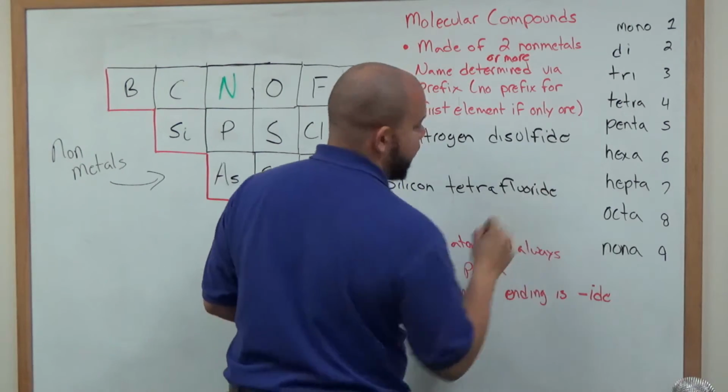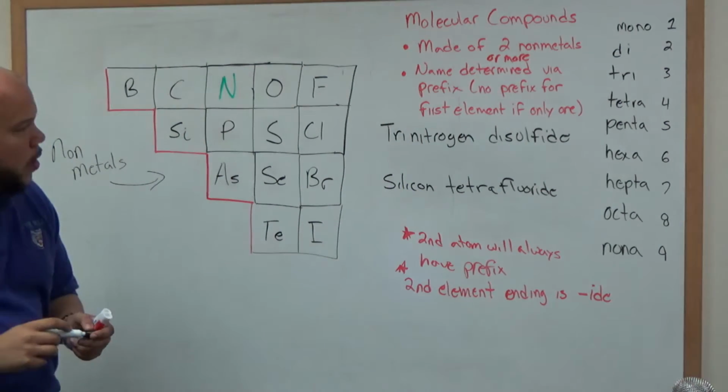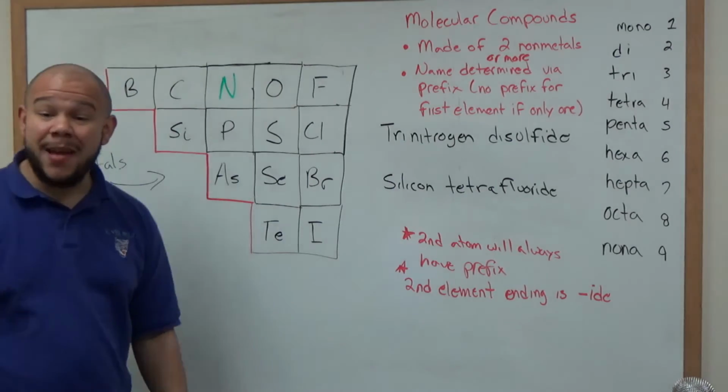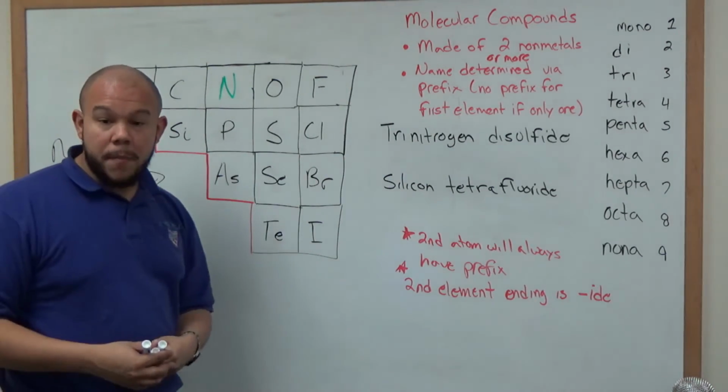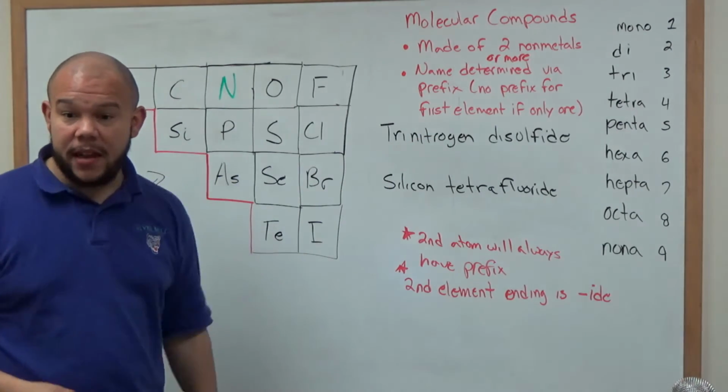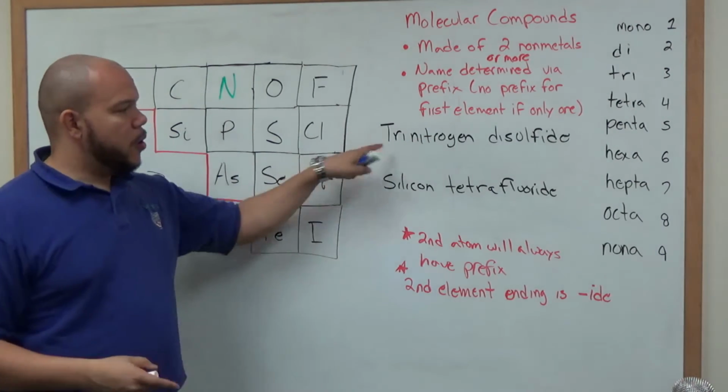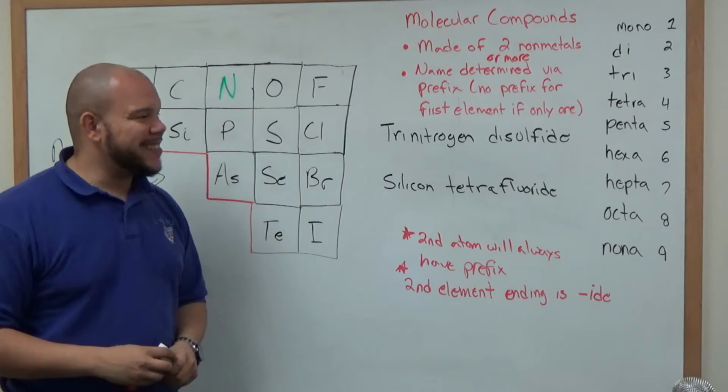Here are two more examples, but now I'm giving you the name. You must be able to look at the name and determine the formula based off of the prefixes and the elements. So in this first example, we have trinitrogen disulfide.